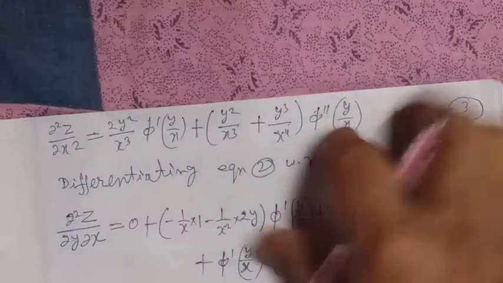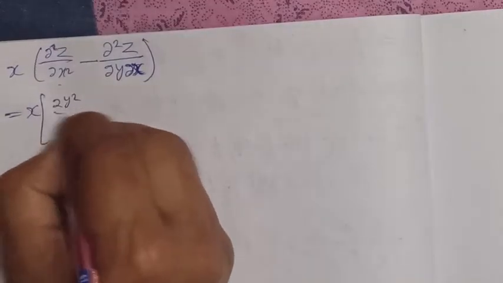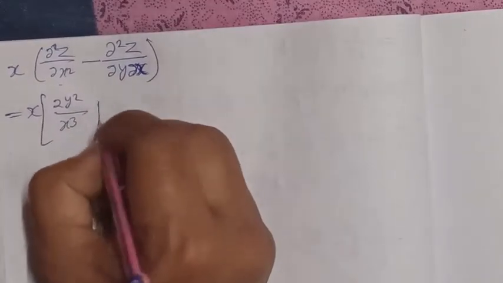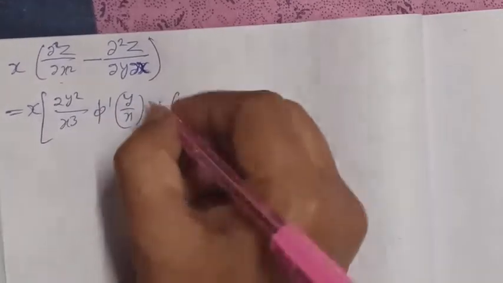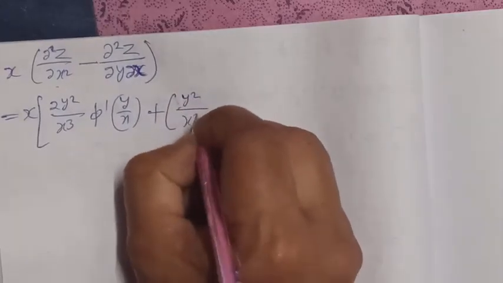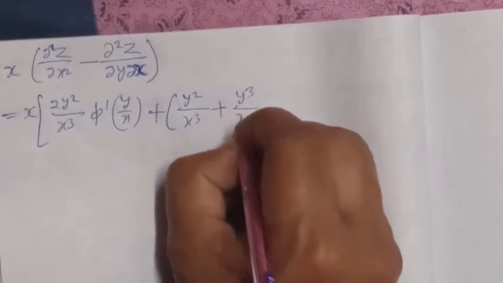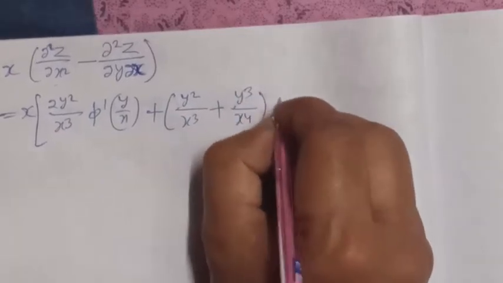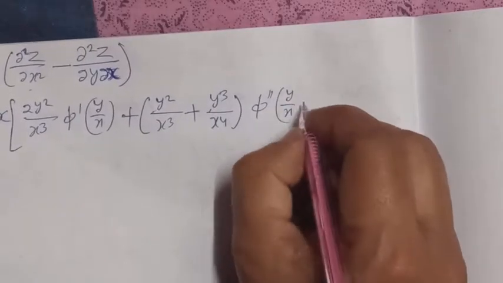I write this value as it is: 2 y square upon x cube phi dash y upon x, without any change, from equation number 3, plus y square upon x cube plus y cube upon x 4 phi double dash y upon x.